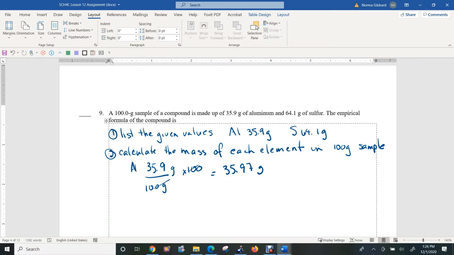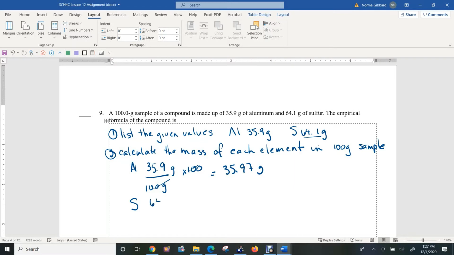Okay, now we have our sulfur. If we take 100 grams, we have 64.1.